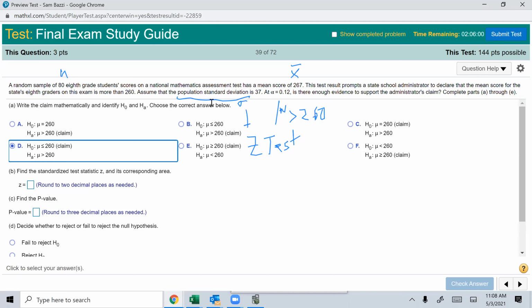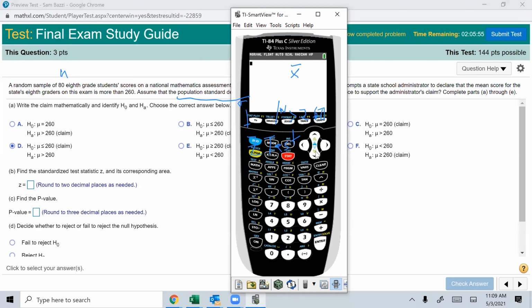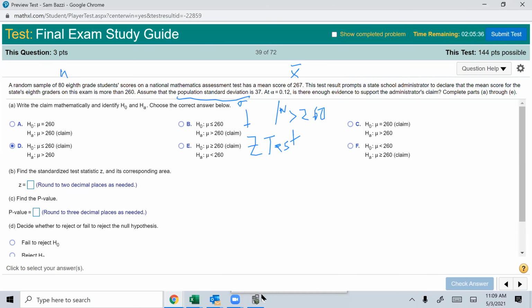Okay, this is a Z test. Let me show you how to perform this test, guys. Clear stat. It's the first test on the screen. mu0, we are testing against 260. Sigma, you see, it prompts you for sigma. What was sigma? 37.